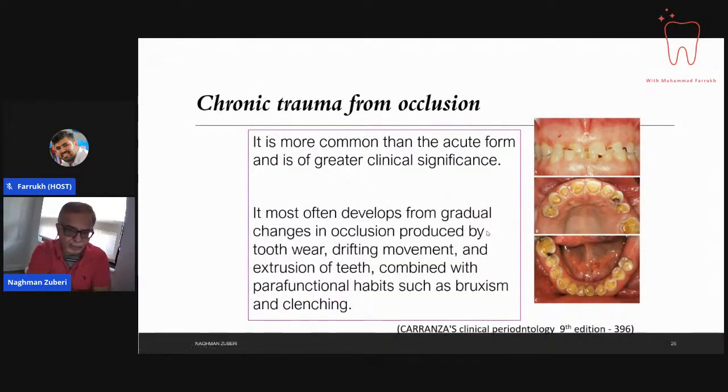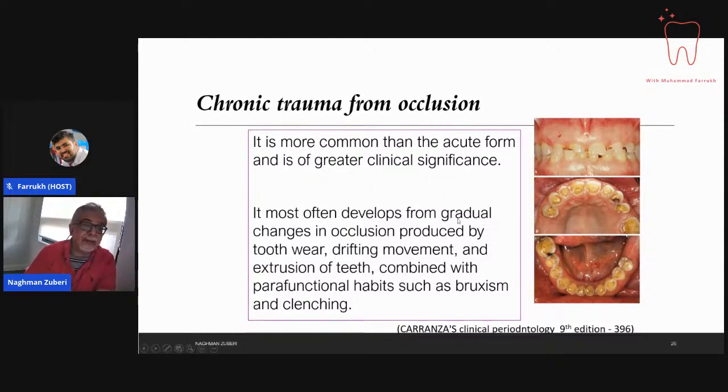Chronic trauma from occlusion is more common than the acute form, going on silently. Once we find out that, oh my God, this person's teeth are being fractured or worn out, the vertical dimension is low, and all other problems have started, including TMJ problems, then we realize this person has actually been having chronic trauma from occlusion for a very long period of time.